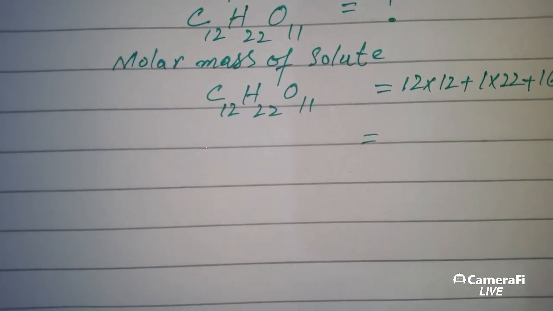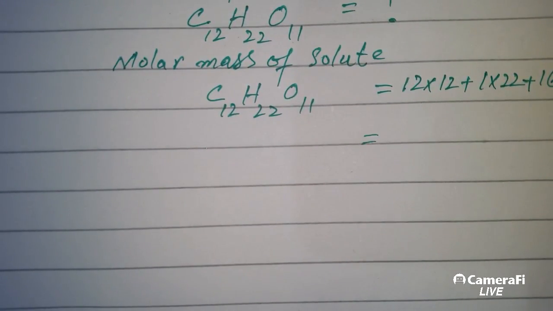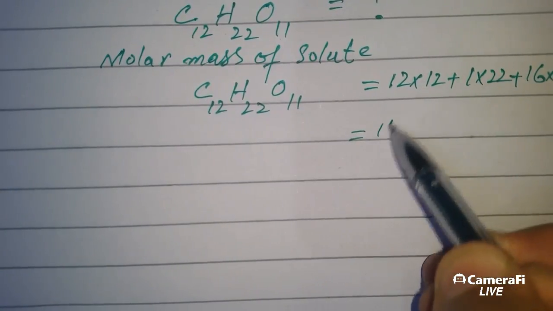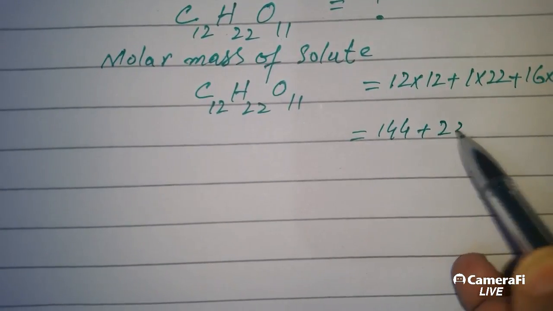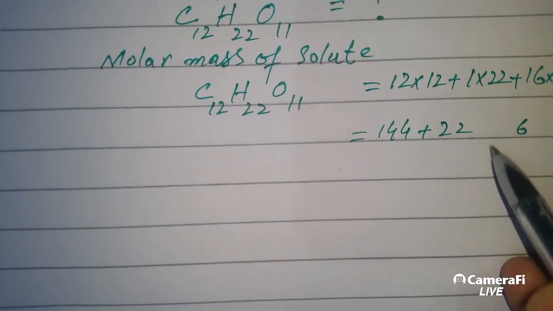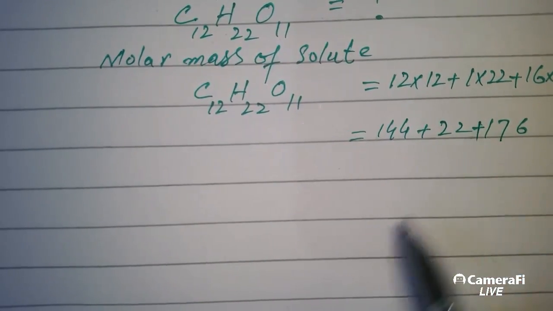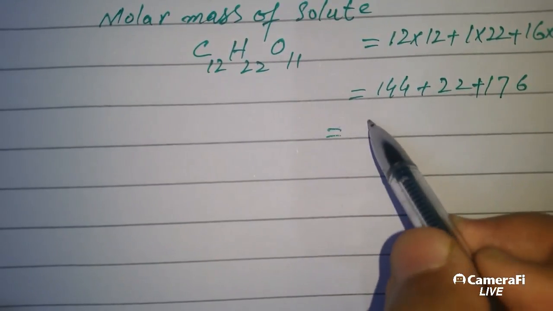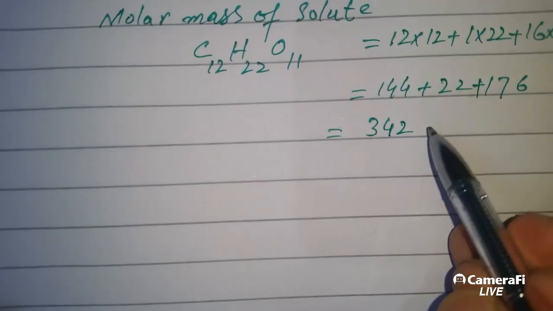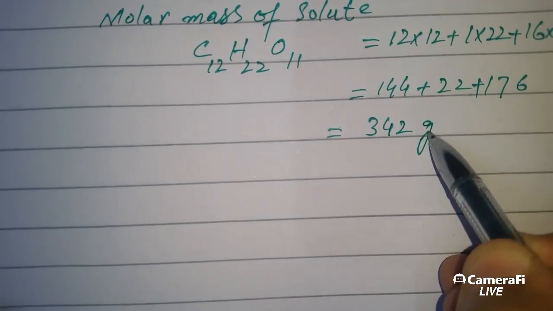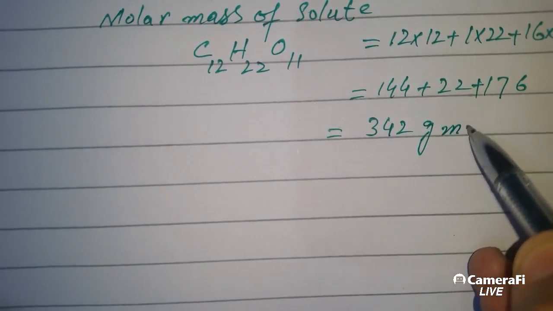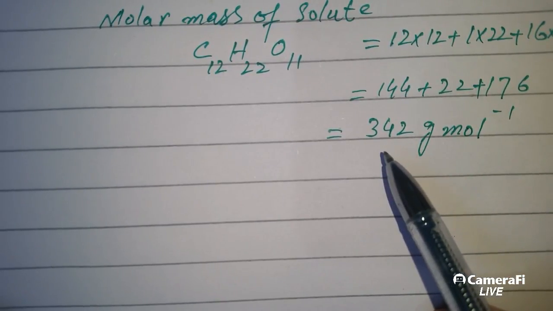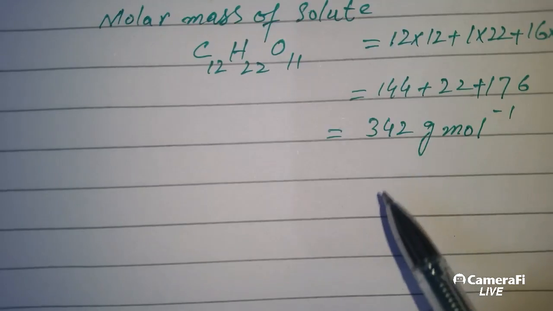Just use your calculator to find the mass of this. So the total mass that we find in this case is 342 grams per mole.